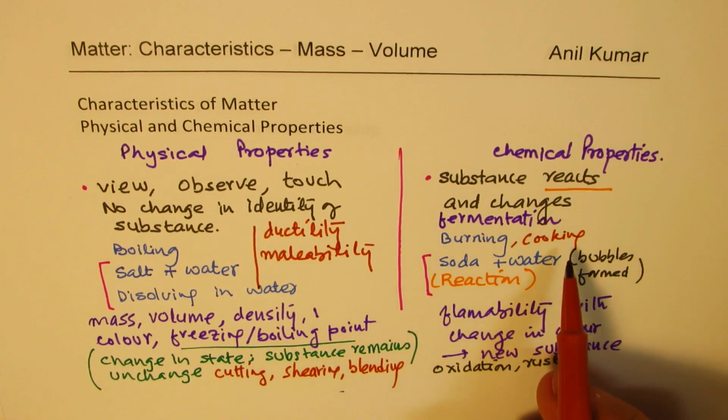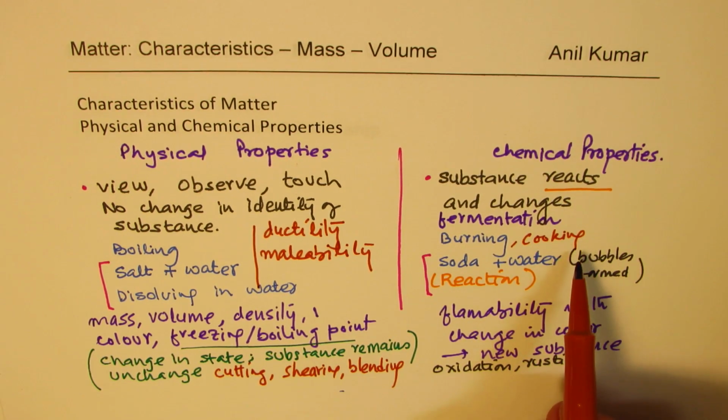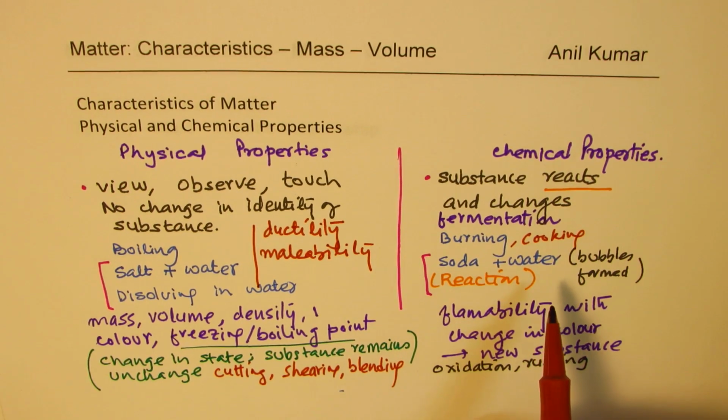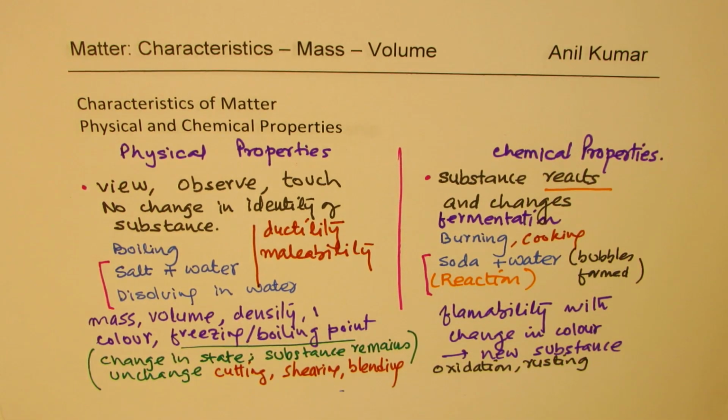If you are boiling an egg, the chemical structure of the egg changes. So cooking becomes a chemical property, not a physical one. So that is how we could write down a couple of properties and understand how to categorize them into physical or chemical properties. I hope that helps, right?